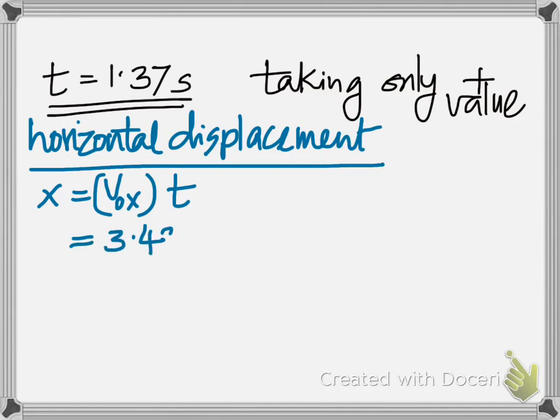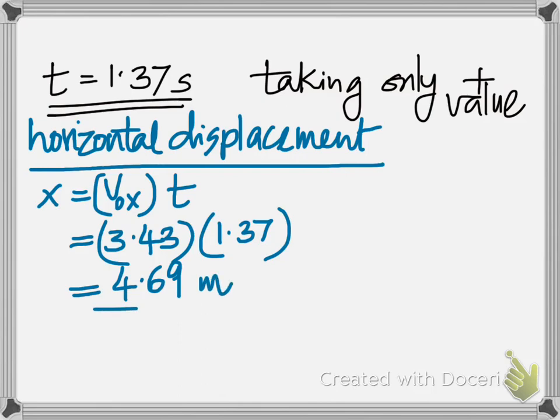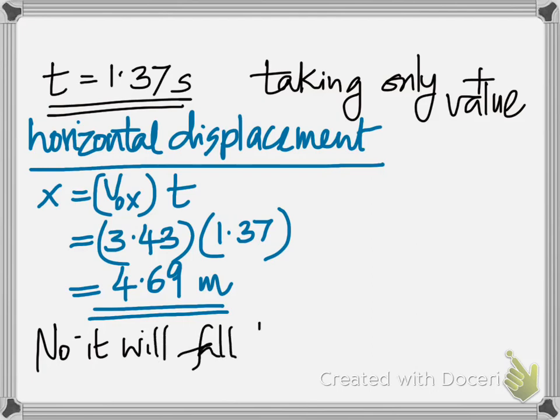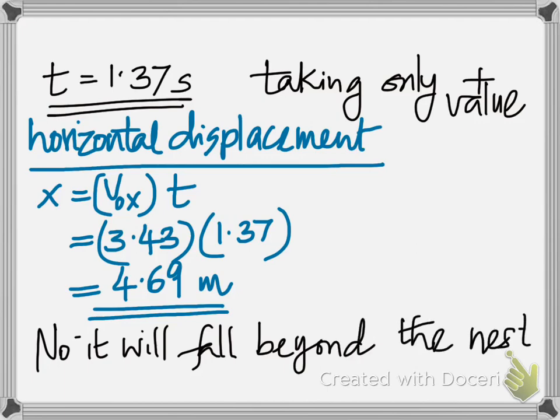VOX was 3.43 and the time is 1.37. So you get 4.69 meter. Now the total distance is only 4.3 meter. So now it goes more than 4.3, therefore it will fall beyond the nest and it will not fall into the nest. Poor chicks, they're going to go hungry.